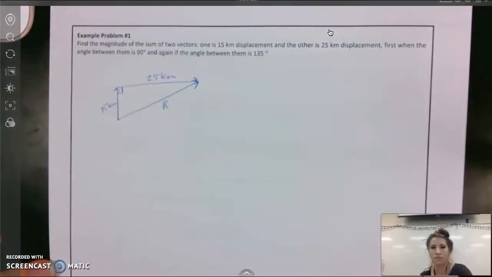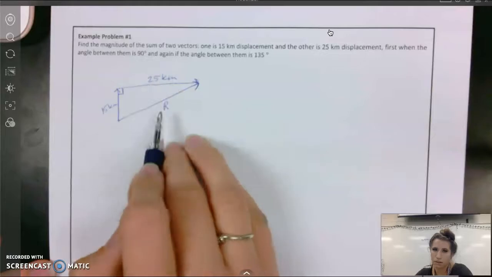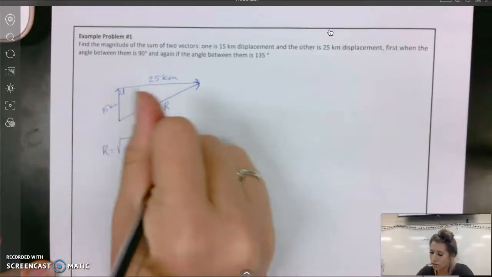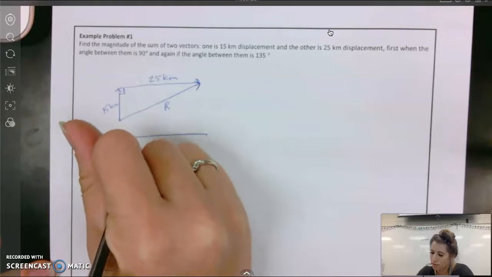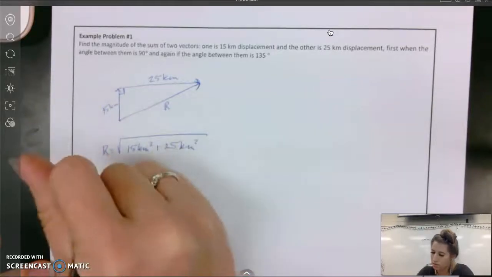There's my resultant. Now let's use Pythagorean theorem. A squared plus b squared equals c squared, or r is equal to the square root of 15 kilometers squared plus 25 kilometers squared.